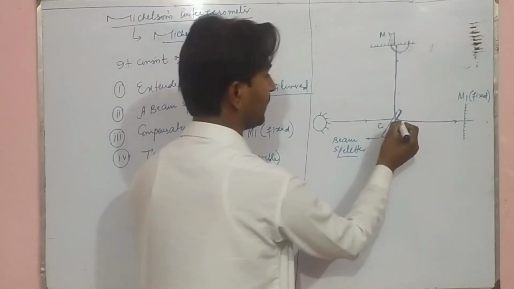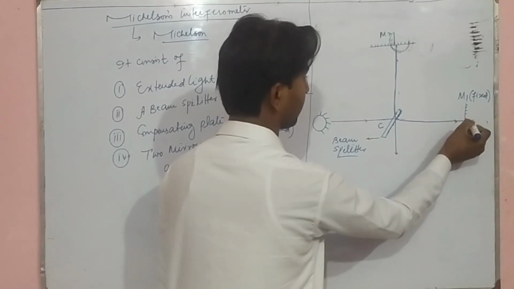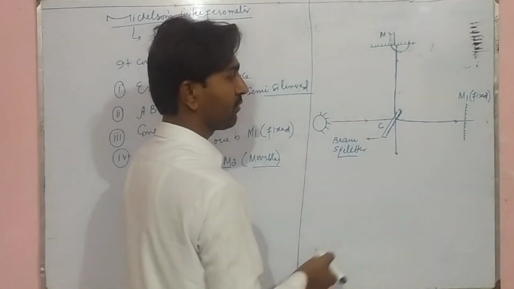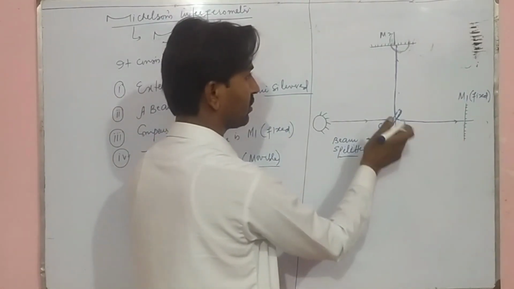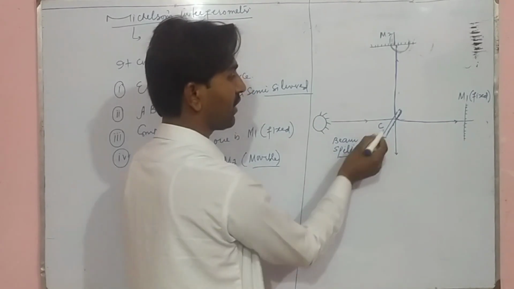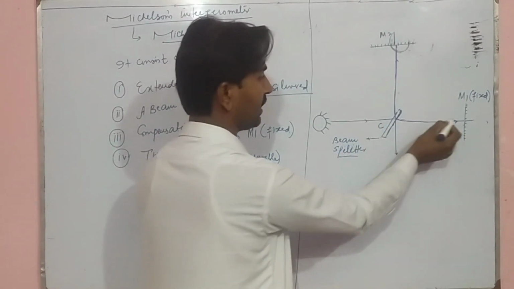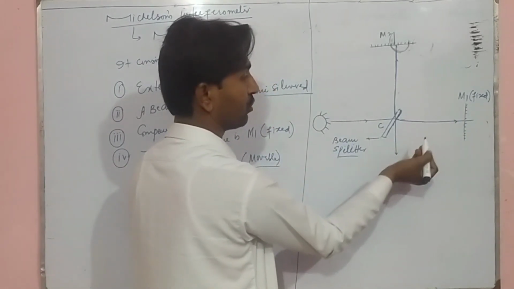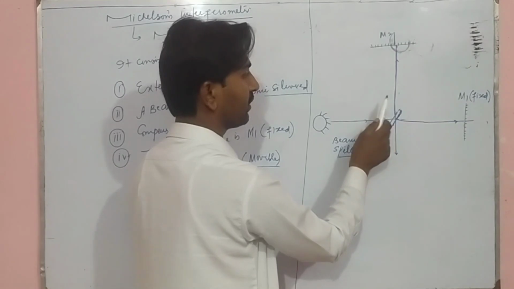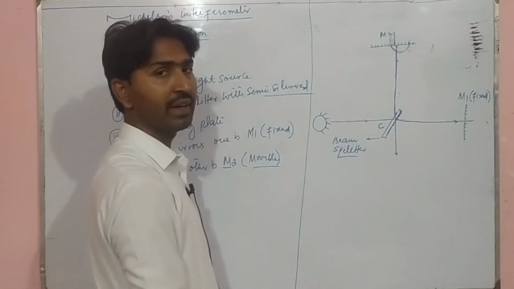Similarly, this ray will also be reflected from the M1 mirror. So when reflection takes place, the M2 ray has to cross this glass plate, while the other does not. So that's why a path difference will be created between these two rays.